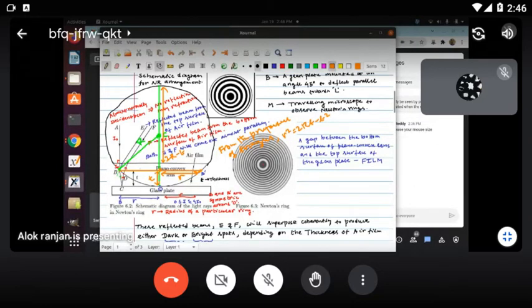For example, we already have this triangle. Let me use a different color, probably black. We have this triangle CBB prime.